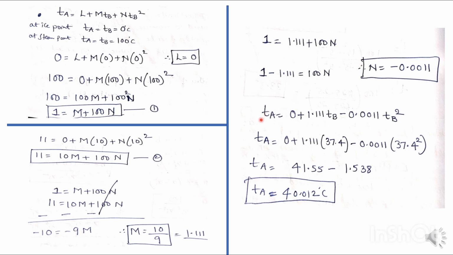Now we substitute all the values of L, M and N in order to read the temperature on thermometer A. TA = 0 + 1.11 × 37.4 − 0.0011 × (37.4)². Simplifying this, the temperature on thermometer A is 40.012 degrees Celsius when the temperature on thermometer B reads 37.4.